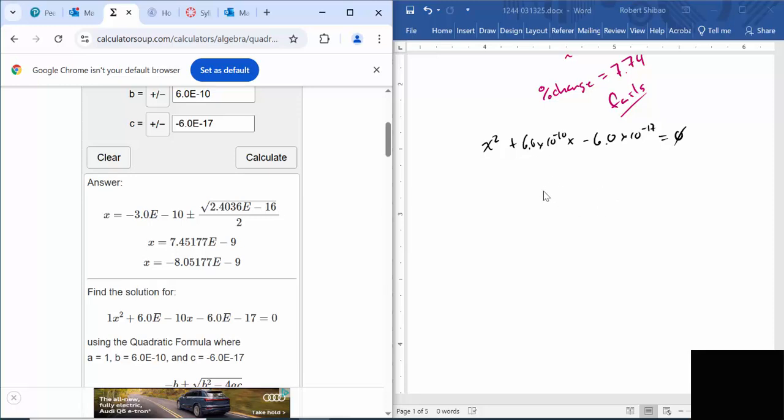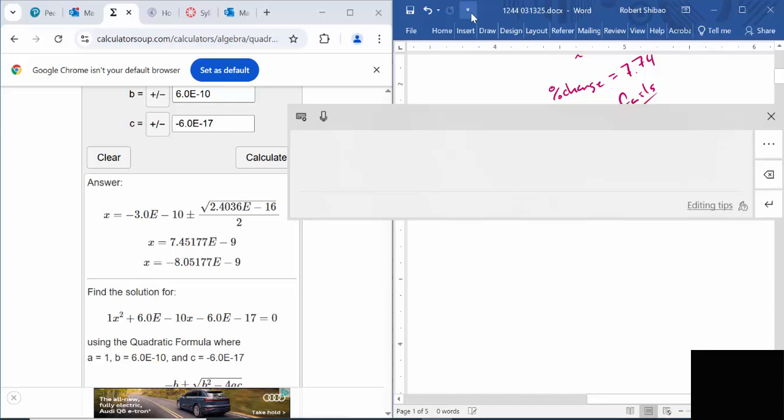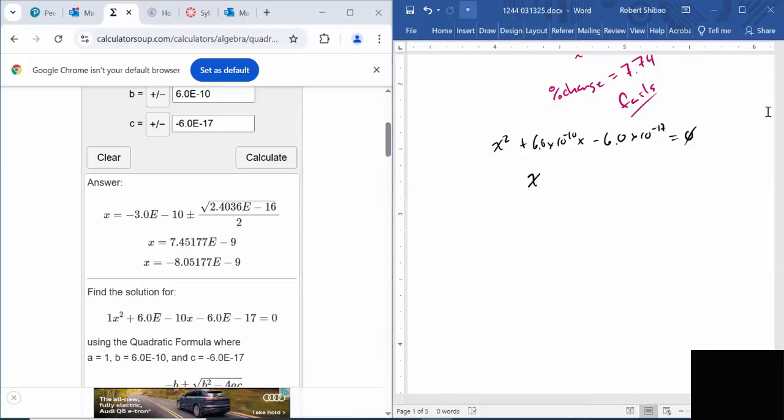And so using the quadratic formula, we get x equals 7.45177 times 10 to the minus 9. Here we didn't make any assumptions.